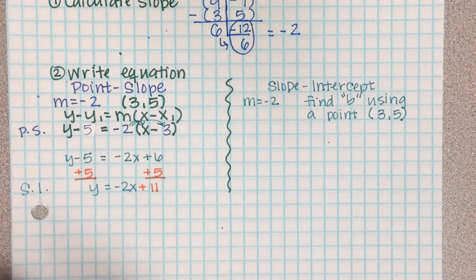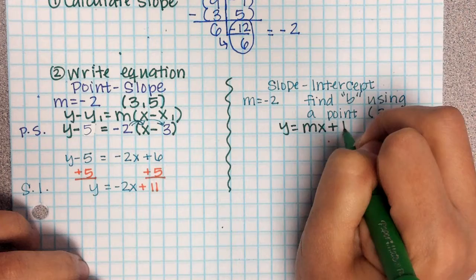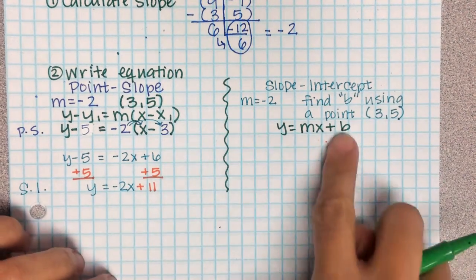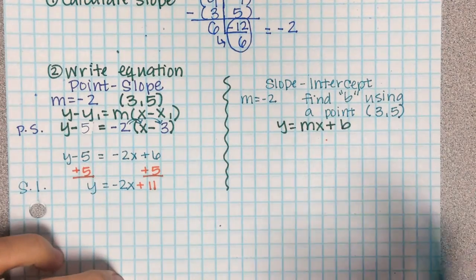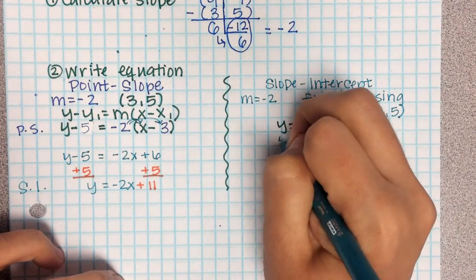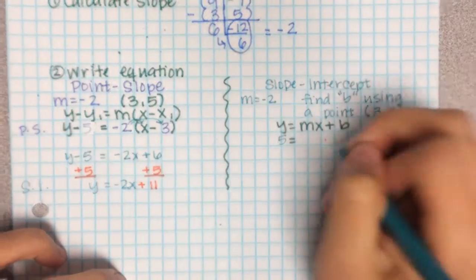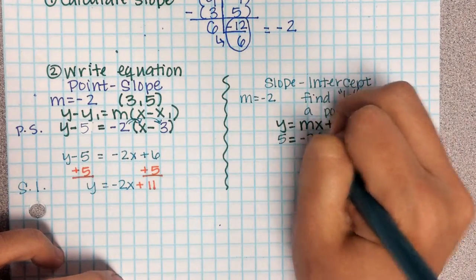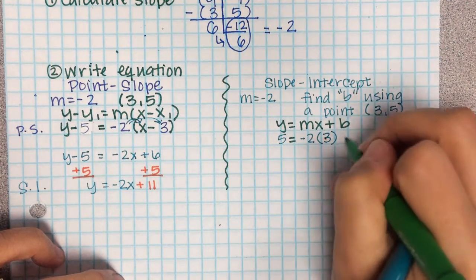So slope-intercept form is y equals mx plus b. I want to figure out b. I have a y. My y is 5. I have an m. My m is negative 2. And I have an x of 3 plus b.